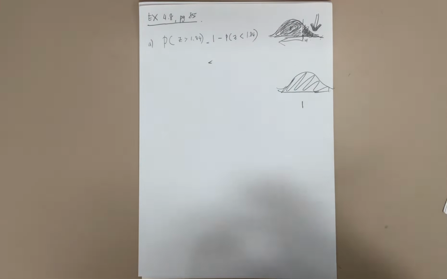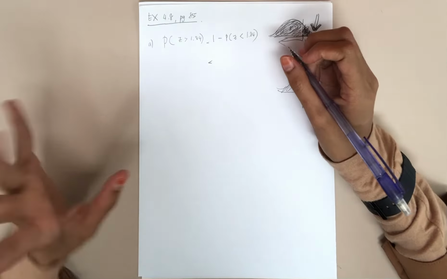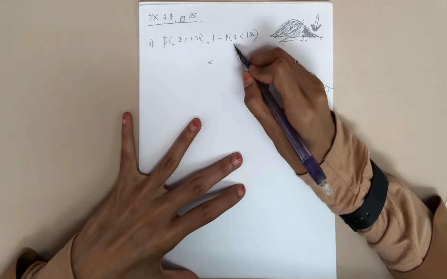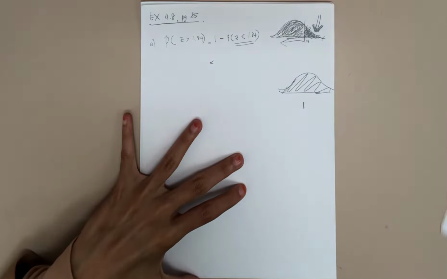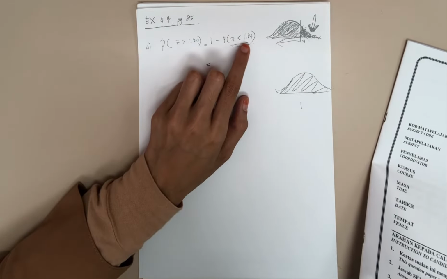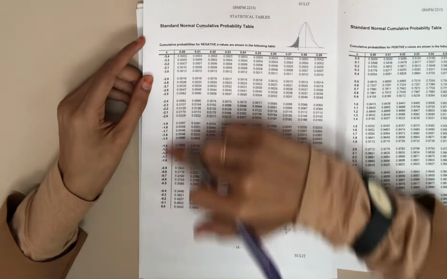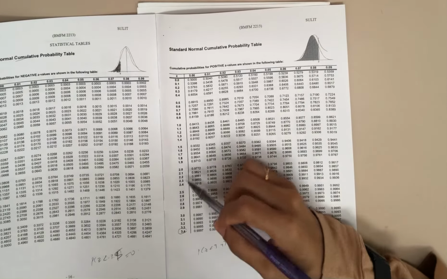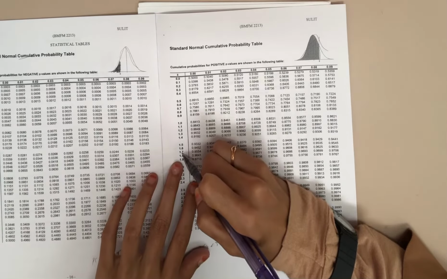So now, the critical part or the highlight for this subtopic is how to get this value. You need to refer to your table, so you can see that this z value is 1.84. Is this one negative? This one is this. So we need to focus on this one. 1.84. Where is it? 1.8, so this is the 1.8 class.